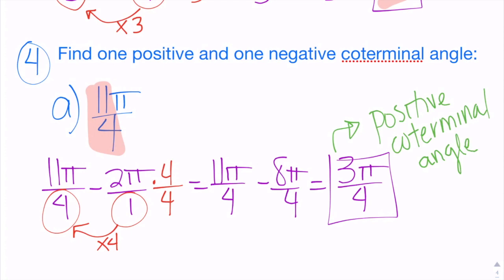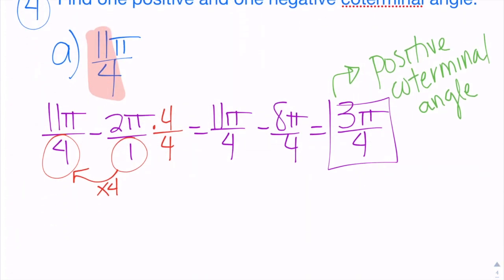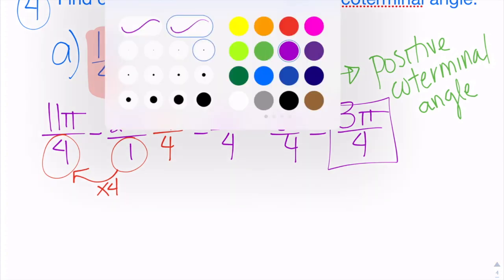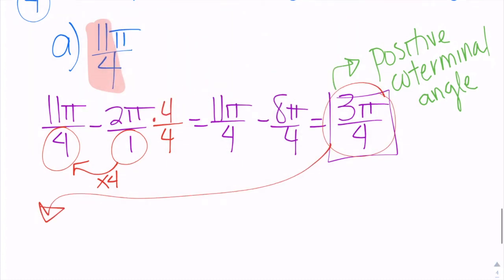And this follows the same thing as with the degrees, is that this is just one of infinite coterminal angles that are positive. So you could have added 2 pi instead of subtracted and still gotten a different positive coterminal angle. So now we need a negative coterminal angle though, so I'm going to continue to subtract. So I'm actually going to take this 3 pi over 4 and bring it down here.